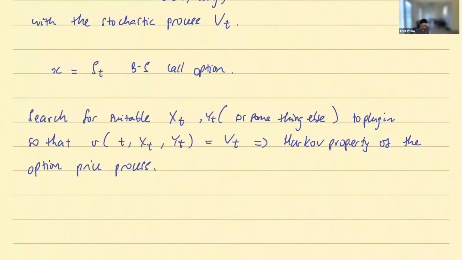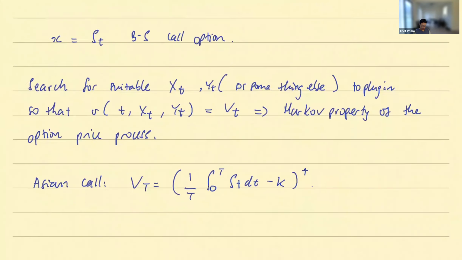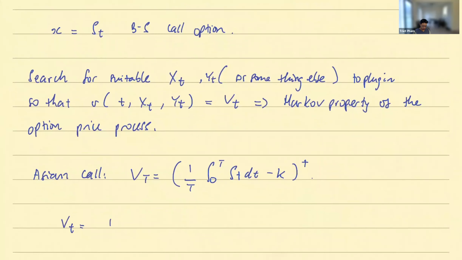Because for example, let's say you have the lookback option, or the Asian option, doesn't matter. Let's take the Asian call. So VT is the average price minus K, plus. Like this. And then the risk neutral pricing formula says that this is this, conditional on FT, okay?